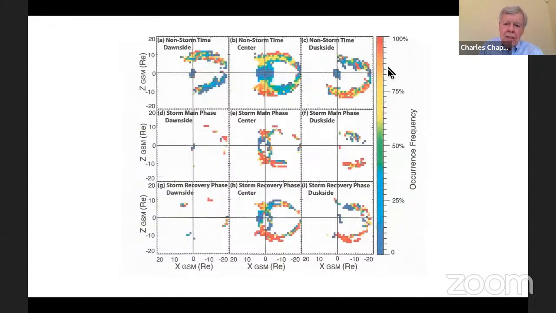Over here is the occurrence frequency, where red is 100%, yellow 75%, and on down. But in the center of the tail, there's a very high probability that you're going to see polar cusp outflowing particles in the lobes of the tail. Those are the strange wave particles, and they come out of the nightside auroral zone as well.